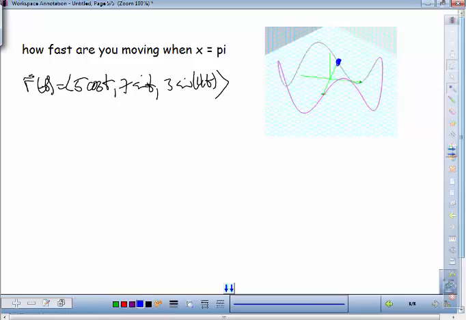So to find out how fast you're going, you need to take the derivative. Negative 5 sine t, 7 cosine t, 12 cosine 4t.